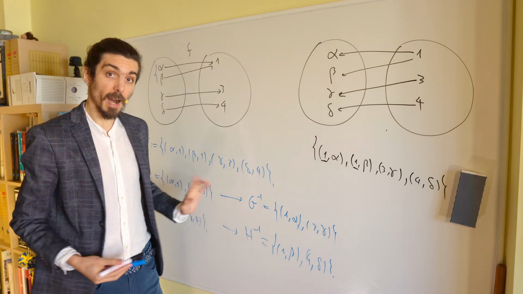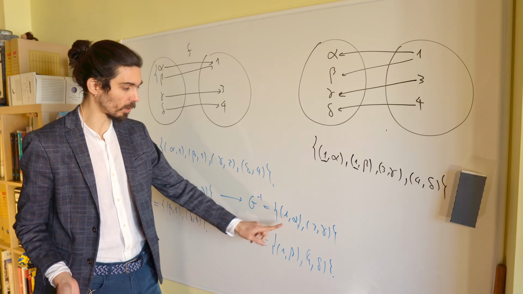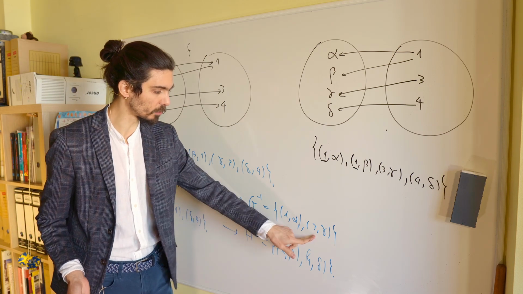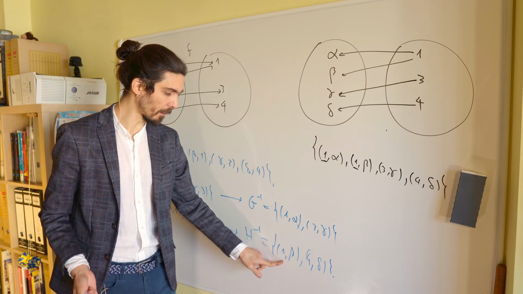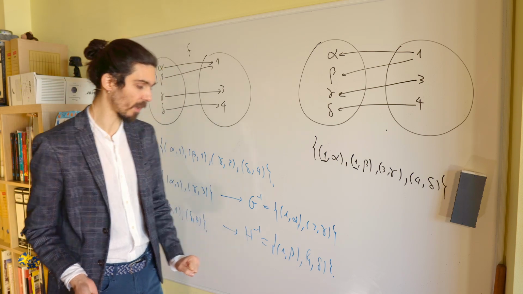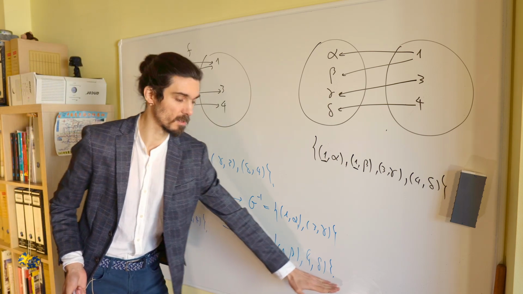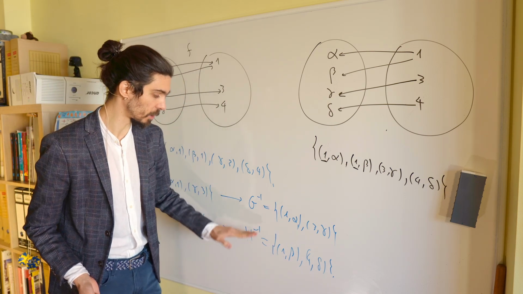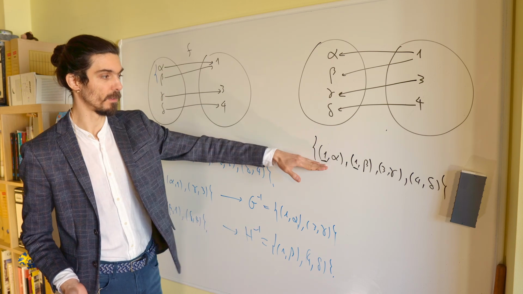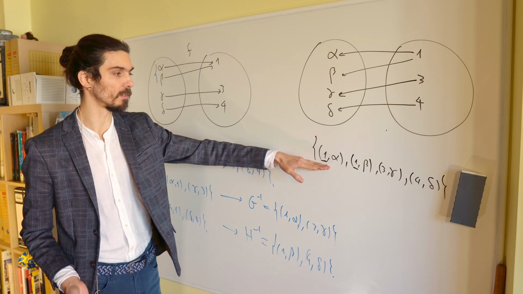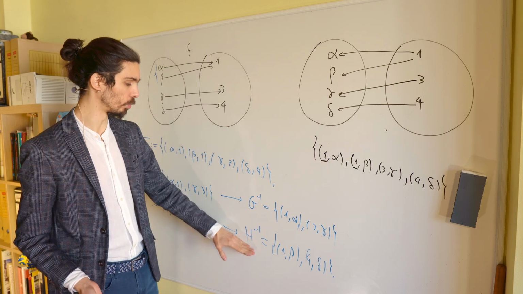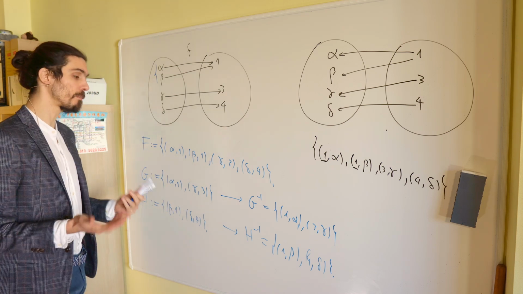These two things are in fact functions, because the first entries, 1 and 3, only appear one time. Similarly, 1 and 4 only appear one time in the list that is h minus 1. We had just avoided this situation, which is not a function. These two are functions. So this is the key point.